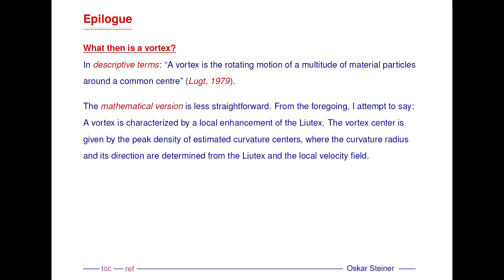Sounds not very nice, but behind all these things are real formulas. The Liutex and also this estimated curvature and estimated curvature centers and clusters of it, etc. I have the feeling it's closer to a mathematical expression than the first one.